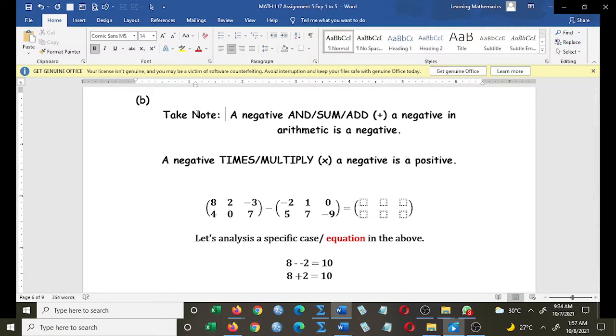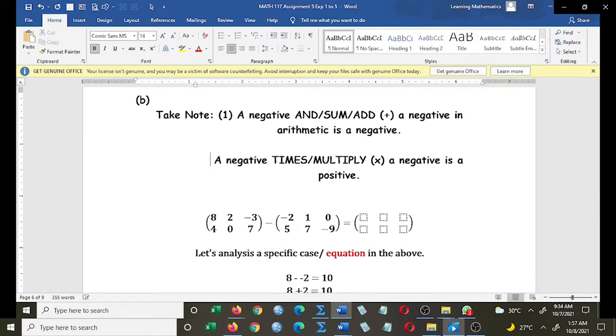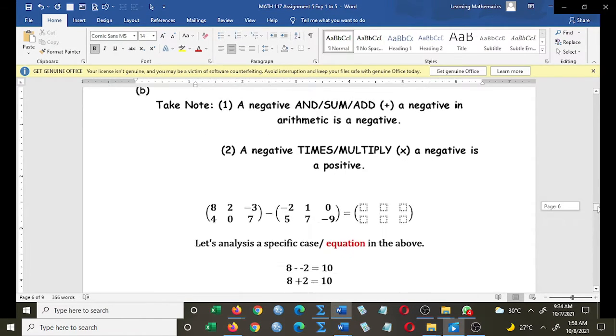Clue number 1, point number 1, and point number 2. Which point do we have to use to justify that plus we put there? Point number 1 or point number 2?